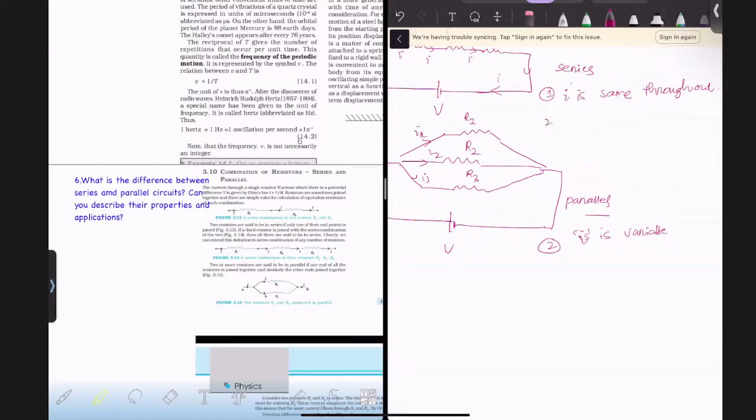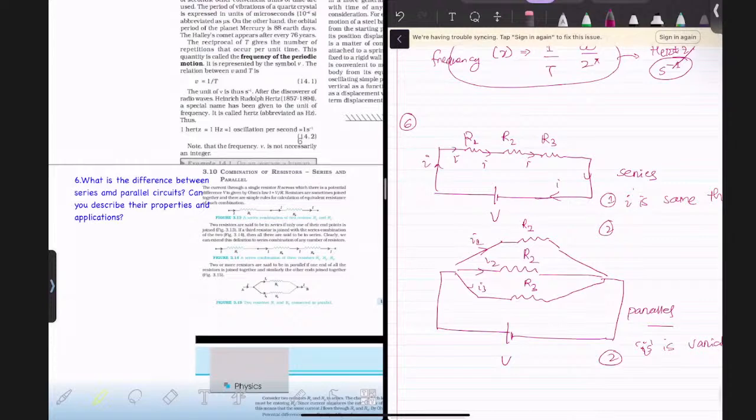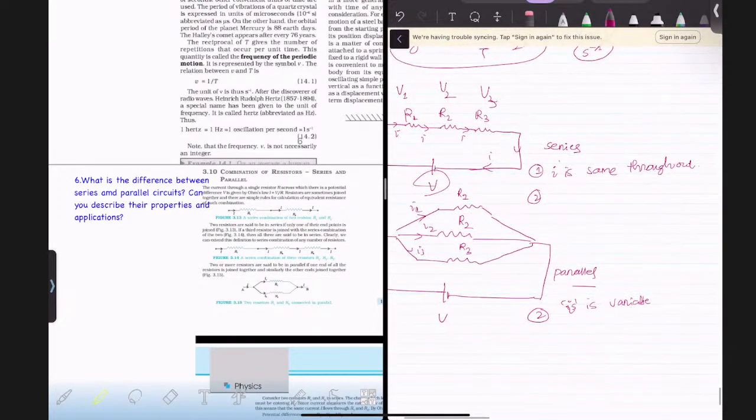नेक्स्ट डिफरेंस क्या होता है सीरीज एंड पैरेलल कनेक्शन में? वोल्टेज एट द एंड ऑफ ऑल द थ्री रजिस्टर्स R1, R2, R3 इज डिफरेंट. यहाँ पे अगर V1 है, यहाँ पे V2, यहाँ पे V3. The sum of all the voltage obviously will be V. This is a common sense for you guys. So current same होता है but voltage is different.